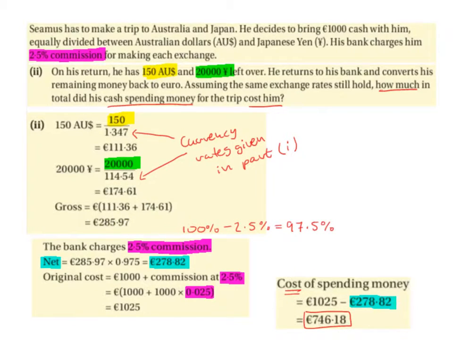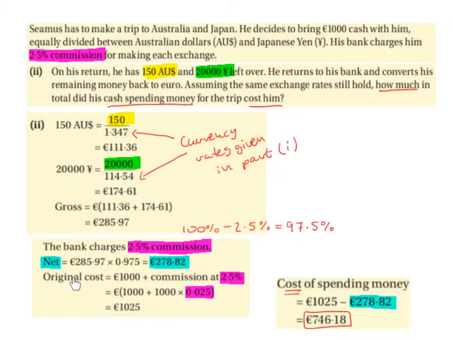€285.97. The bank charges 2.5% commission, and 100% take away 2.5% is 97.5%. So his net is going to be €285.97 multiplied by 0.975, which is 97.5%, which gives us €278.92.